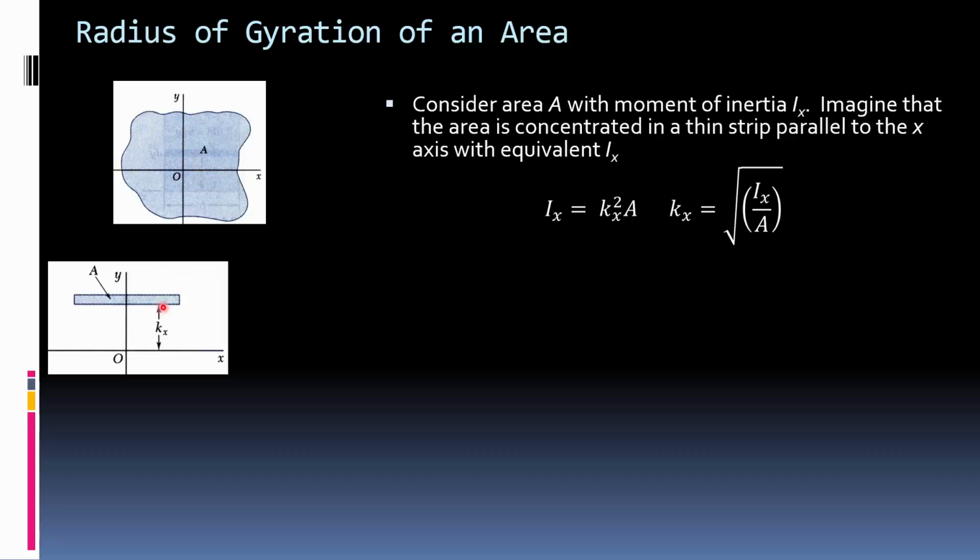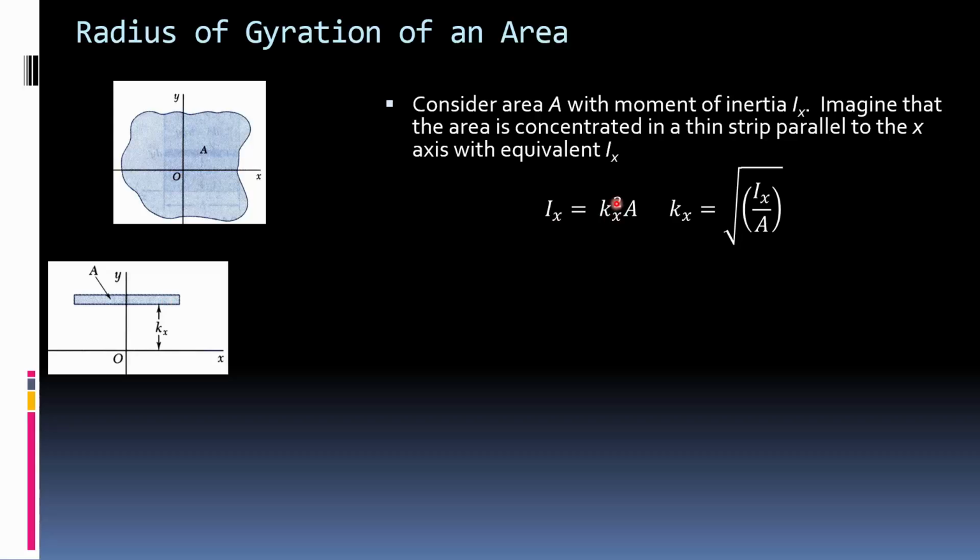So the idea is that I have this blob and it has a certain moment of inertia about this x-axis. Well, if I could make a thin strip, and that thin strip has the same area and the same moment of inertia about the x-axis, the distance from the x-axis for that strip to be at in order for those things to occur is what we're going to call the radius of gyration.